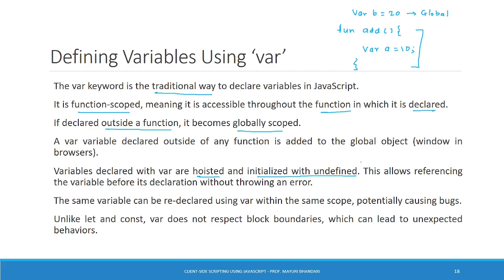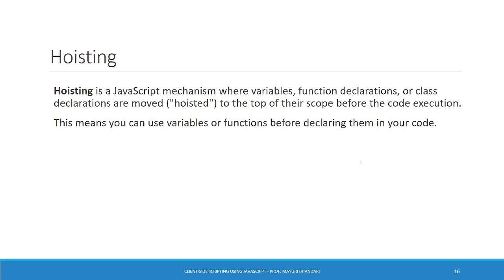As we have seen the concept of hoisting, what is hoisting? Hoisting is a mechanism where variable, function or class declarations are moved, that is called hoisted, to the top of their scope before the code execution.